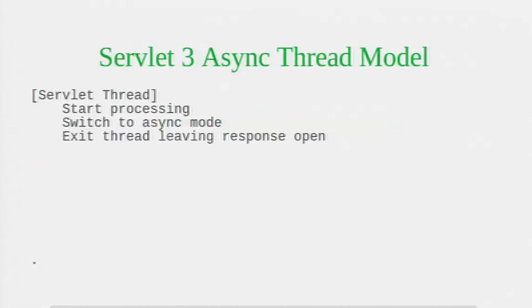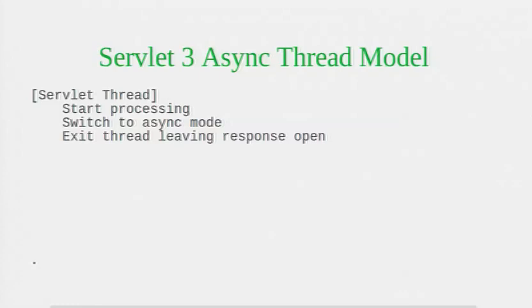With the Servlet 3 async thread model, things change. We still have that incoming servlet thread, which is allocated to the incoming request. It's going to start to do some processing. And then at some point, we're going to decide that this is a request that we want to process asynchronously. In other words, we want to release the servlet thread, and we want to do some processing either in a separate thread immediately, or just wait until something happens and then be ready to send back.